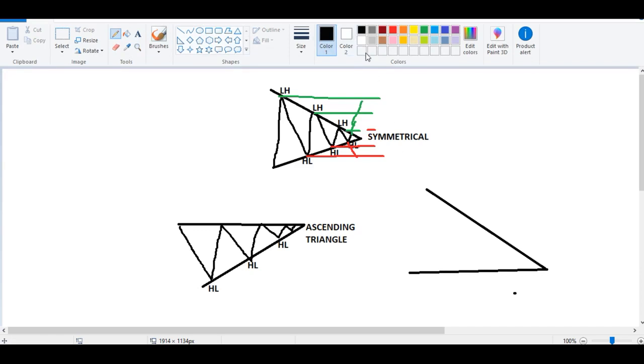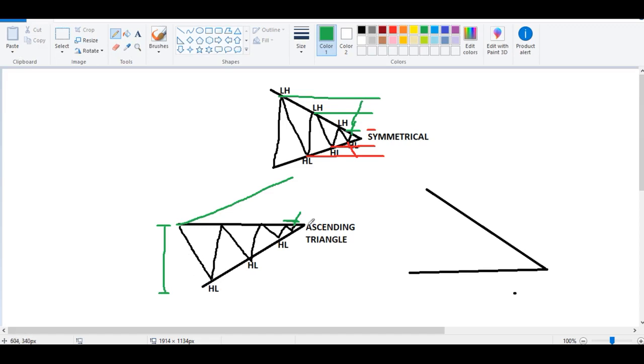Now, just like our symmetrical triangle, the breakout in this can happen in either direction. Okay, if the breakout happens towards the upside, I will take a buy entry right on the breakout. Okay. Now the way we calculate the target in this is you either take the parallel line to this line, right? So you can see that they're parallel, or you simply calculate the distance from that high to where the triangle starts forming, right?